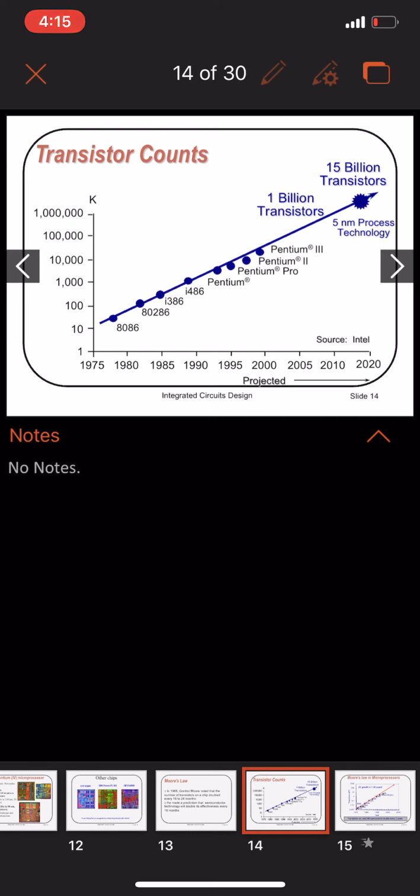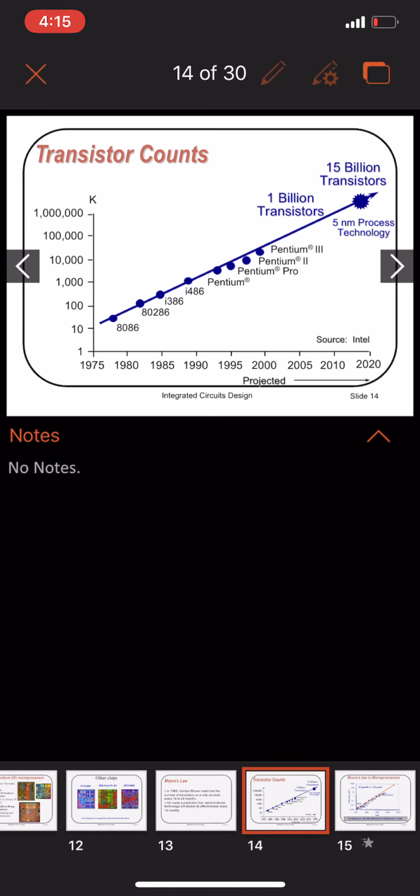Transistor count. Here you can see the trend between the number of transistors and the number of years. From year 1975 to year 2020, you can see a big change in the number of transistors.